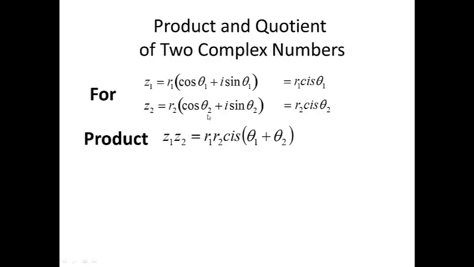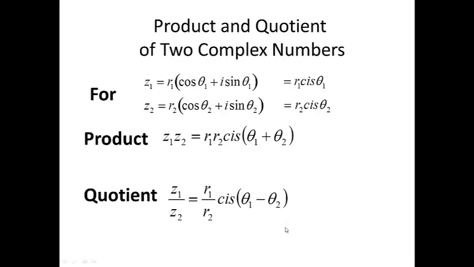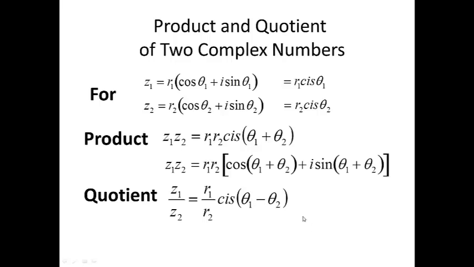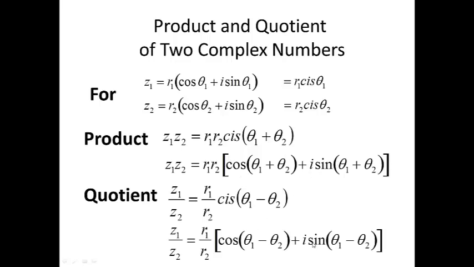If this was 45 and this 60, then you're going to have the cis 105. Okay, so that's not that bad. And the quotient, instead of multiplying them, you're going to divide the r's, and then you're going to subtract the thetas. So if you wrote it all out long form, it looks like this. Some of you like that better. Notice that this is plus and this is minus here. This is times and this is divide.